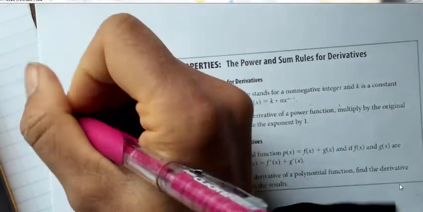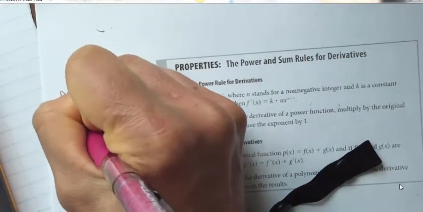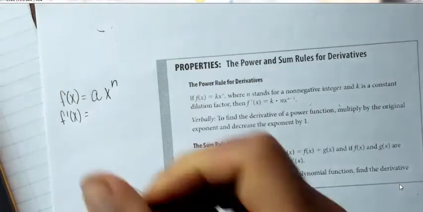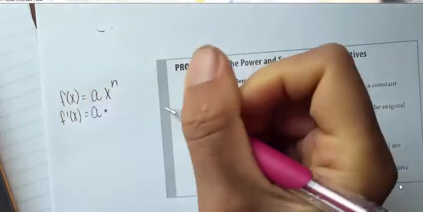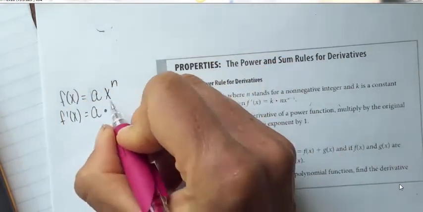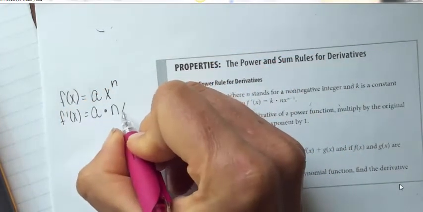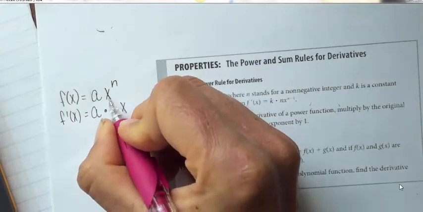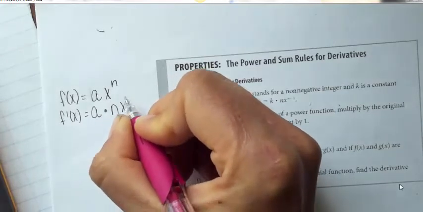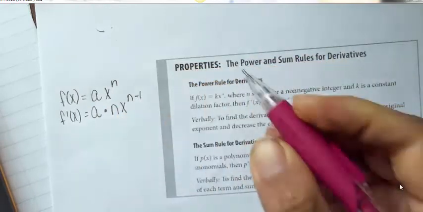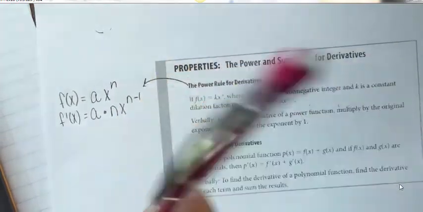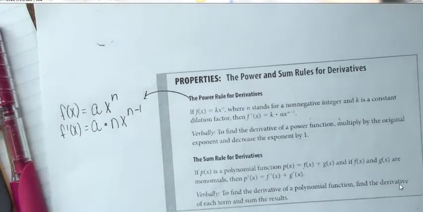Then f prime of x will be, well, you'll keep that coefficient, then you bring that power down, leave the variable where it is, and then that power gets subtracted 1 from it. So this is n minus 1. Okay, so this is your power rule, just written a little bit bigger. And I used a for our dilation factor.